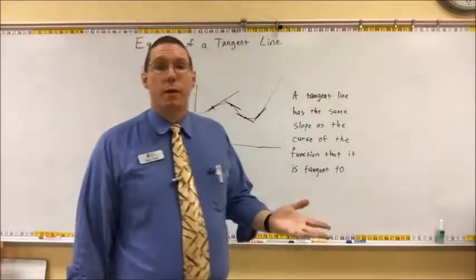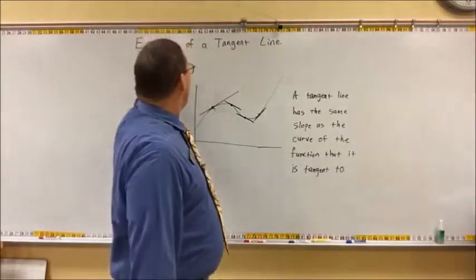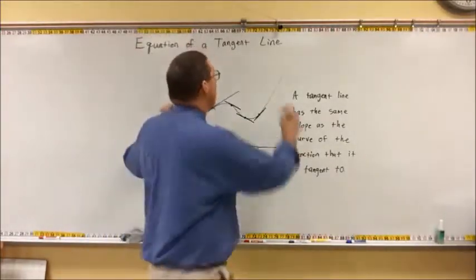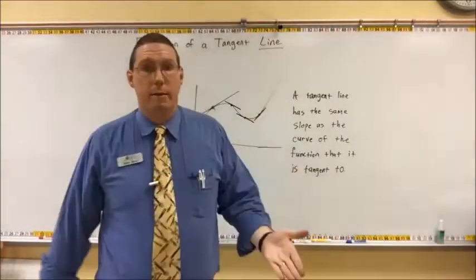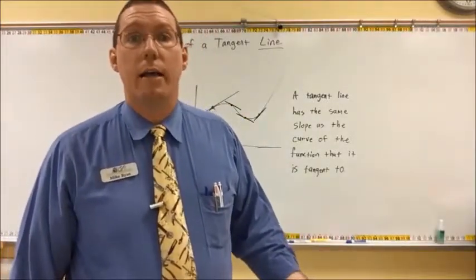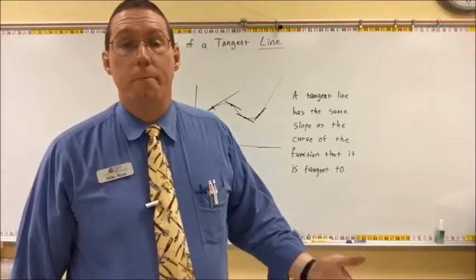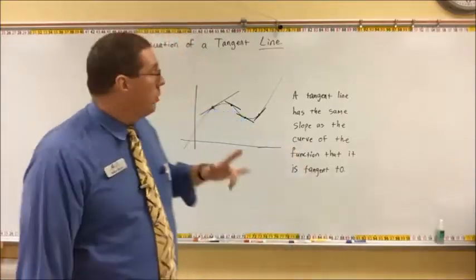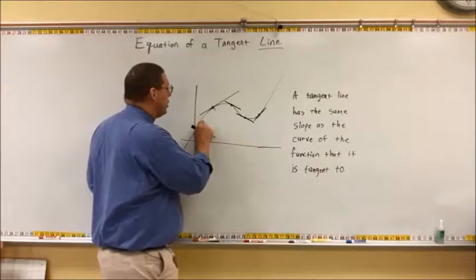So since we want to write the equation of a tangent line, all lines have a slope. It's one of the defining qualities of a line. And so we can use the function itself.